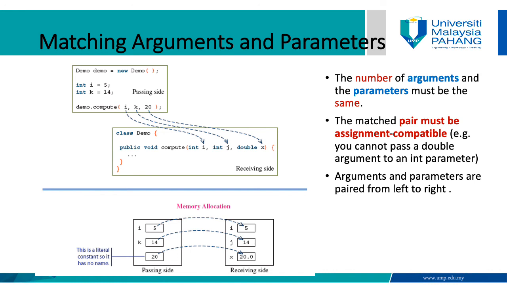For example, for the memory allocation here, if we define i as 5, then i will begin with the value 5. If we define k as 14, then integer j here will be 14. If we define x as 20, it will be 20.